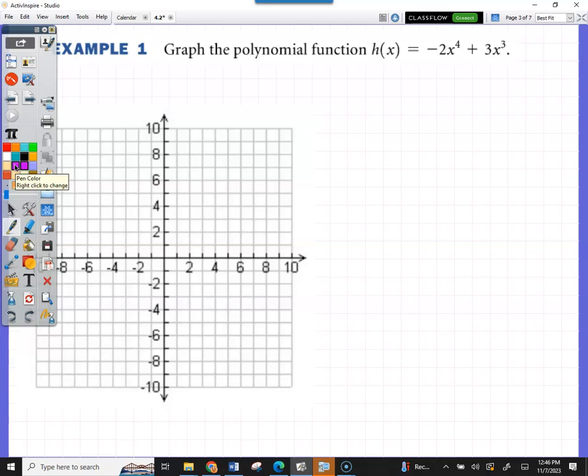Don't write big here, because you can see how much writing there is. So step 1 is the leading term.